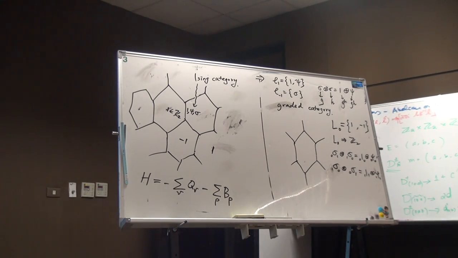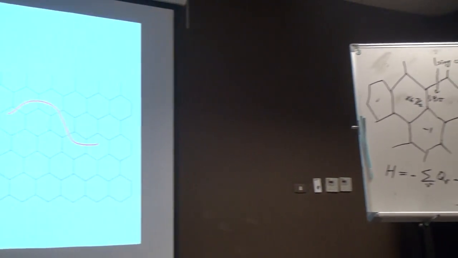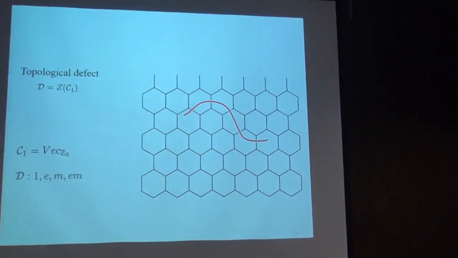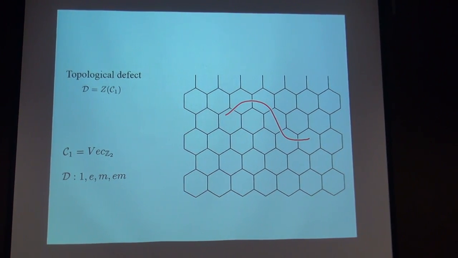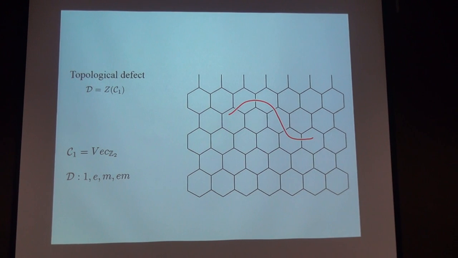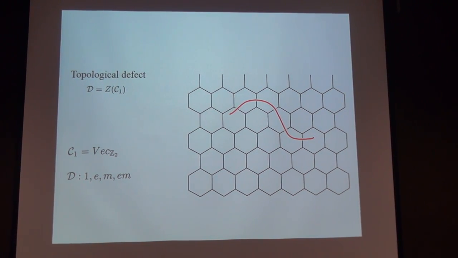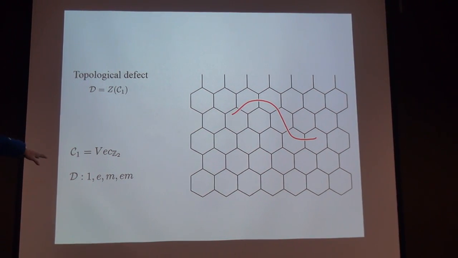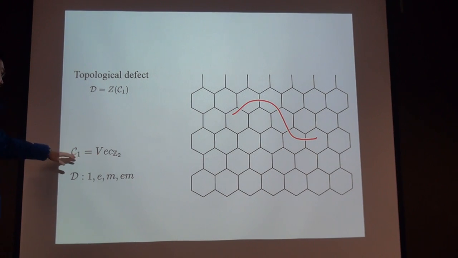And the quasi-particles are described by the quantum double of this Z2 data. So now I will label this Z2 category by C1, where 1 means the group element 1.